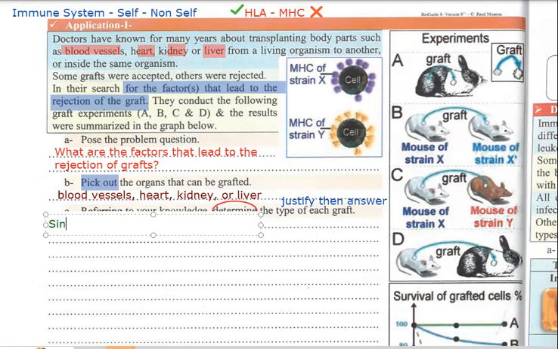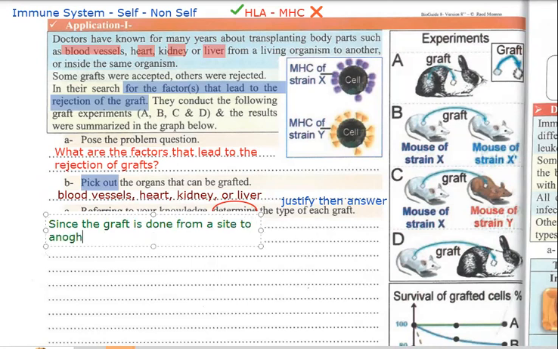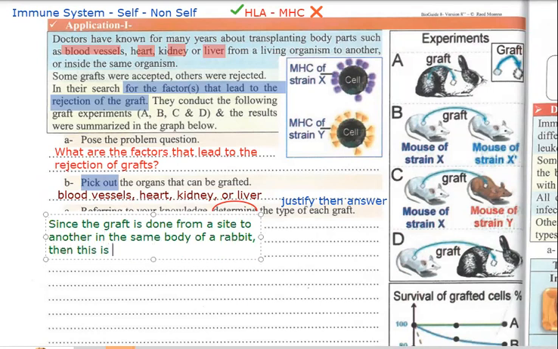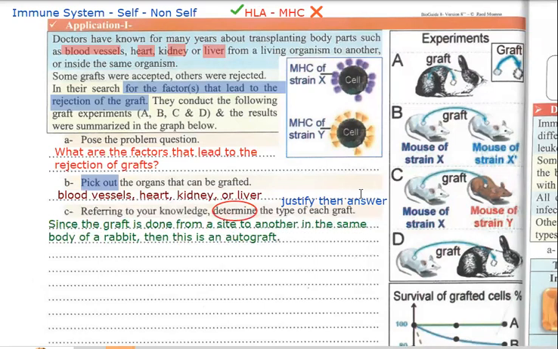Since the graft is done from a site to another in the same body of a rabbit, then this is an autograft. So what is an autograft? An autograft is the transfer of an organ or a tissue from one place to another in the same body. When the graft is happening in the same body, it is an autograft.